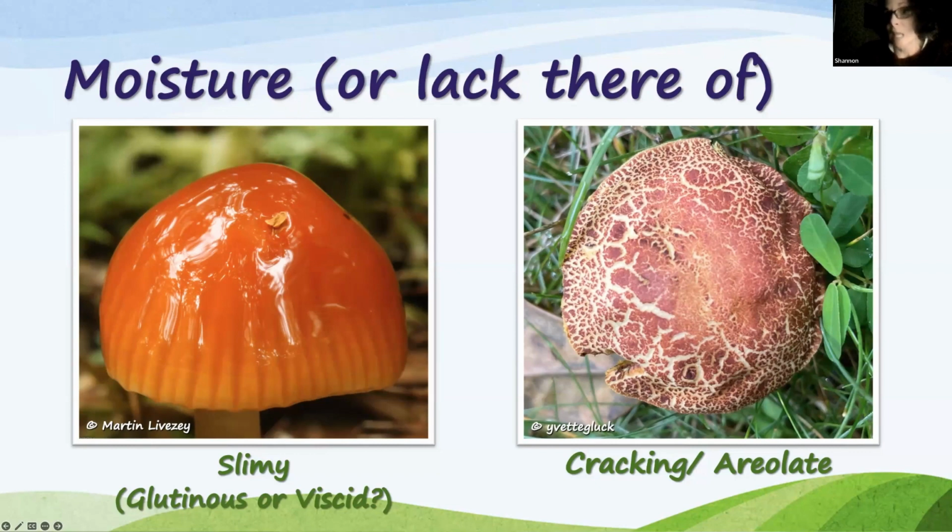But here's the thing. The cap surface of just about any mushroom can become cracked in dry weather conditions. But some species, like this Xerocomus, develop cracks in the cap under normal ambient, not dry, weather conditions.